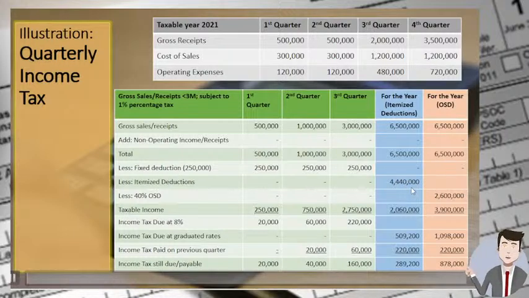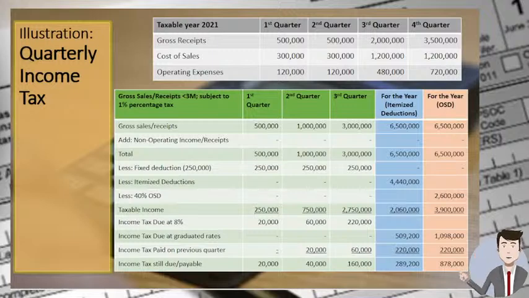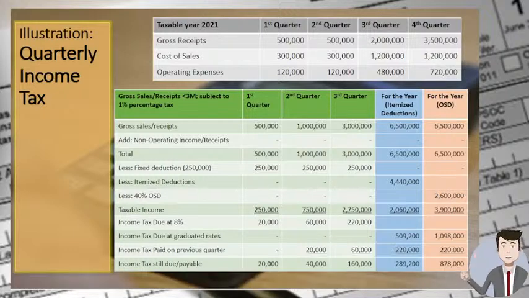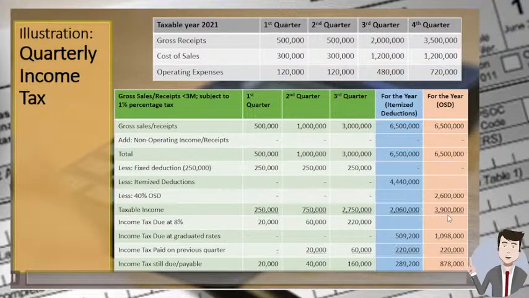For OSD, muning hapos lang, 6.5 times 40%. So that is 2,600,000. Then for respective taxable income, for itemized, the taxable income will be 2,600,000. And for OSD, that is 3.9.